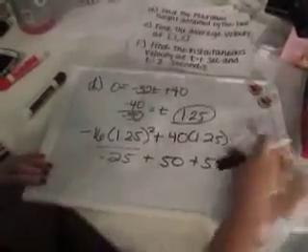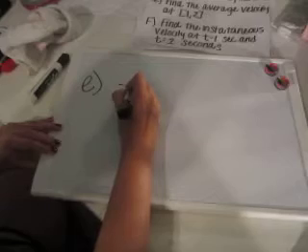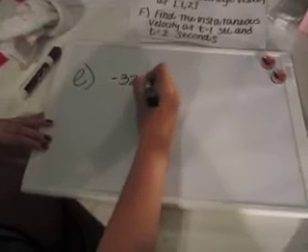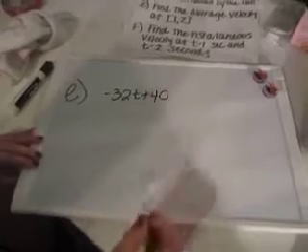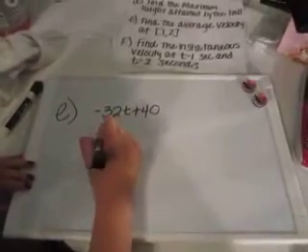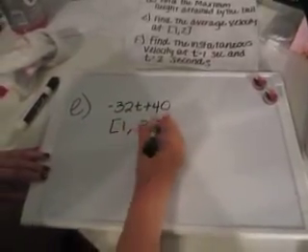So for step E, we're trying to find the average velocity of the ball. Since we're using velocity, we're going to use the velocity function, which is negative 32t plus 40. We're trying to find the average velocity of 1 and 2.